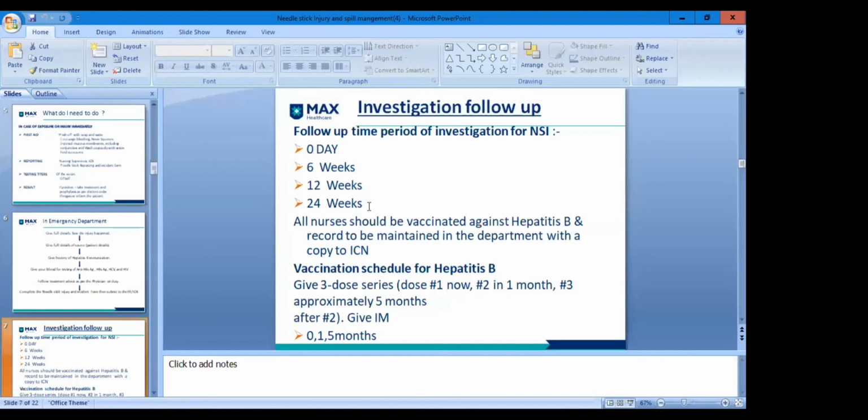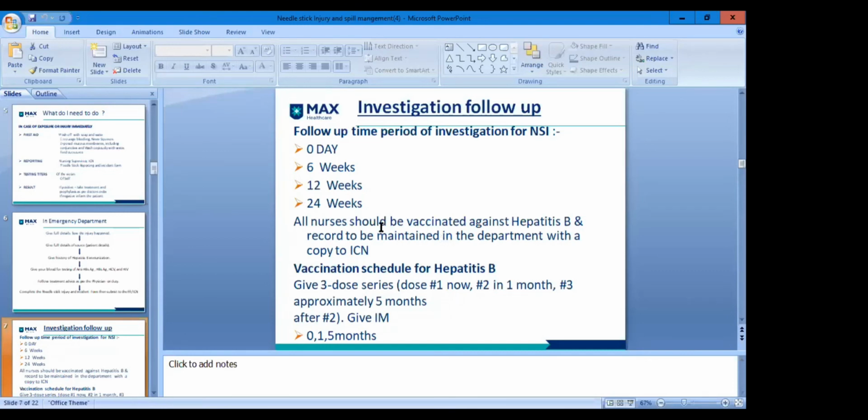But what we have seen in our practice is that people don't turn up for follow-ups after 0 to 6 weeks. So I would suggest if any needle stick injury happens in your hospital setup, as hospital infection control personnel, you should always try to have a follow-up.